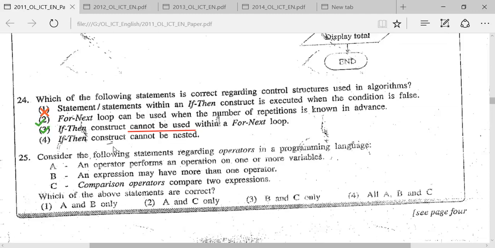It can be nested. That's why this is also wrong. So the answer is the second answer option. Please refer to your exercise book. In that exercise book, I gave you enough questions for your practice.